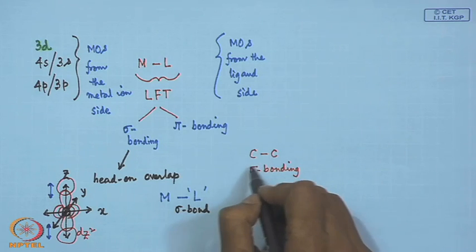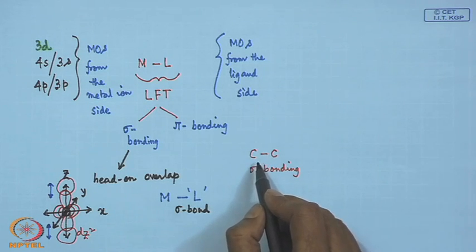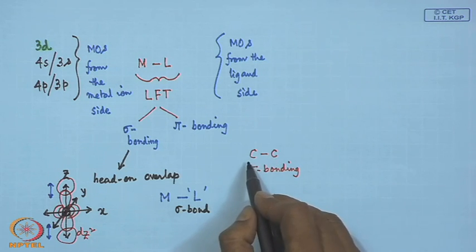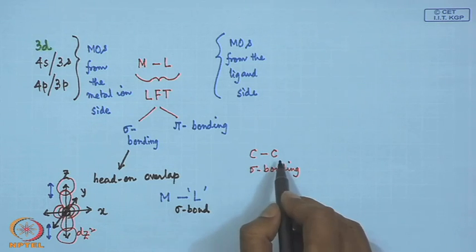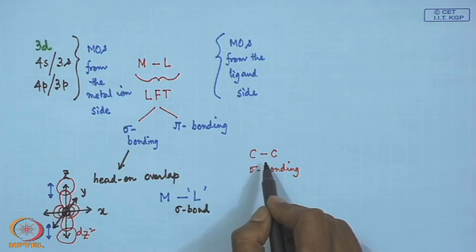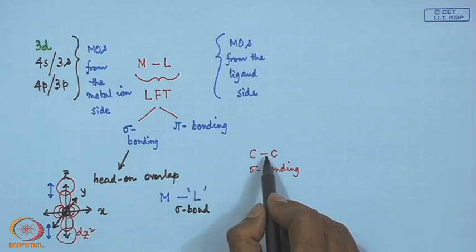So, there is no question of one particular atom serving as a donor atom and another atom serving as an acceptor atom. In this situation they are basically sharing these orbitals, and electrons are occupying those bonding orbitals to give us the corresponding bond between these two carbon centers as a sigma bond.